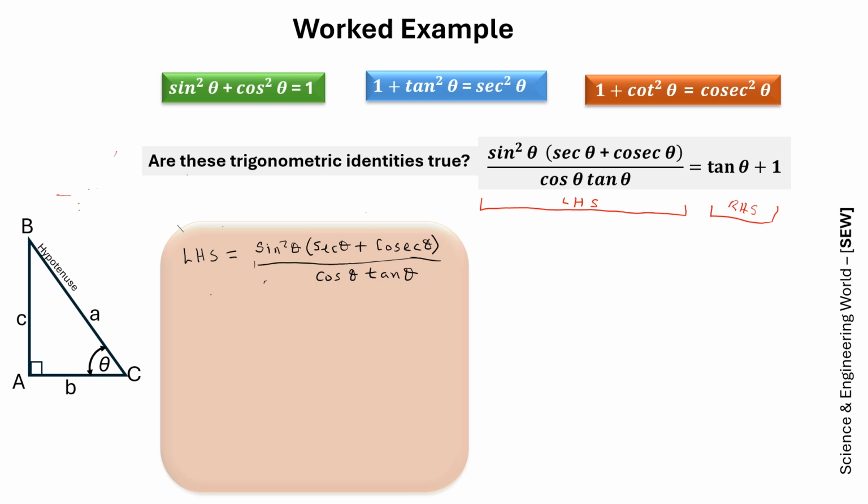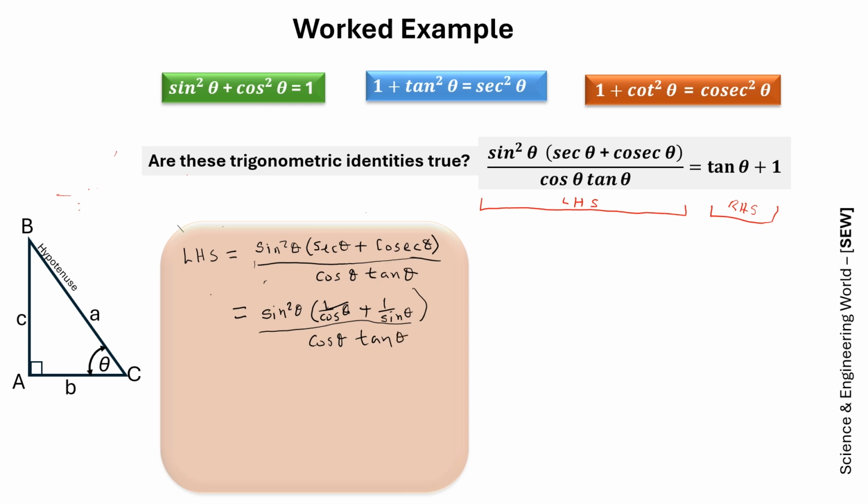We can now say here sine squared theta into sec, which is 1 over cos, like I said, so 1 over cos theta, plus cosec is 1 over sine theta, so 1 over sine theta, all over cos theta tan theta.